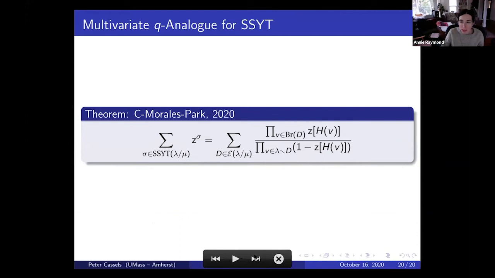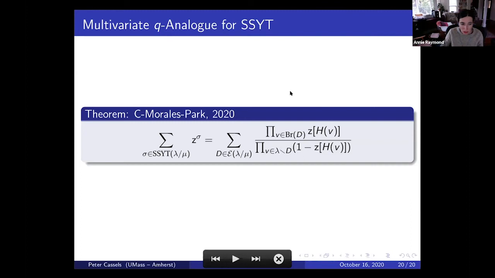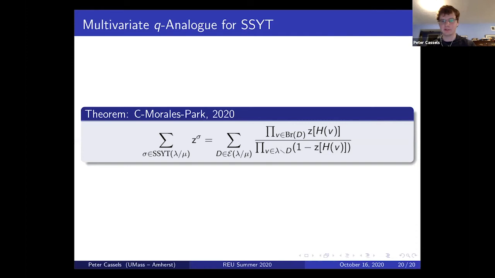So Peter, do you have an example of some of these things with multivariates? I actually didn't work out any examples, but I guess I can. Okay, just wondering. And so the proof of that, Peter, is combinatorial, or are you enumerating things on both sides? The proof of this one is combinatorial given Alejandro's result.